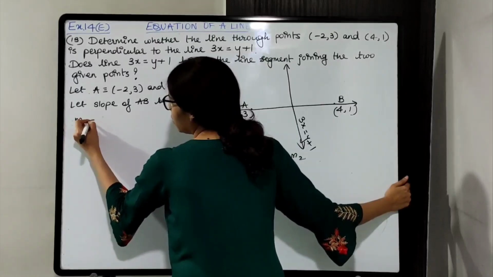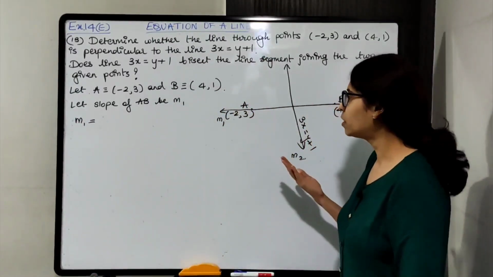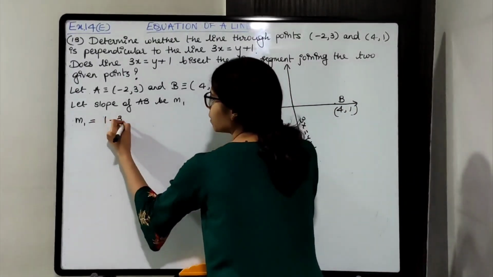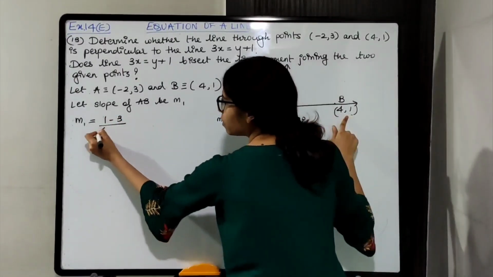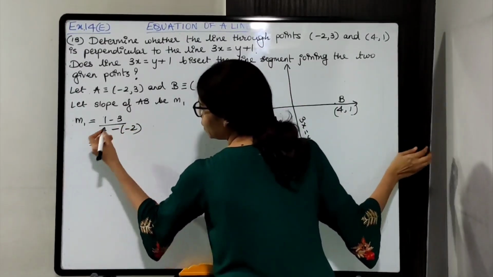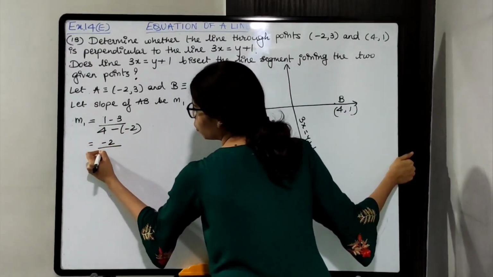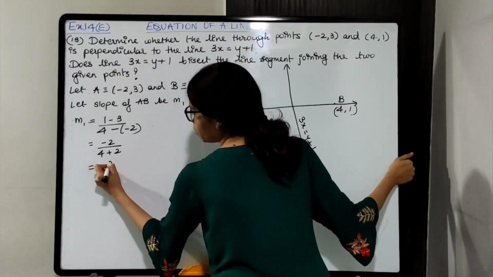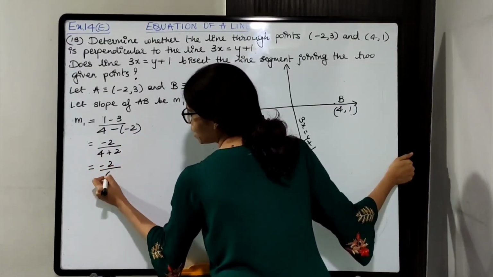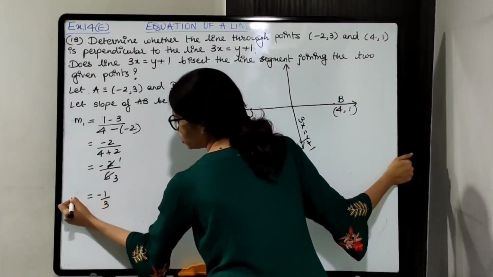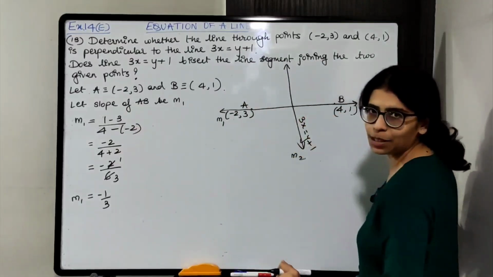So m1, first subtracting the y coordinates, so 1 minus 3 upon 4 minus minus 2. So that will give -2/4 plus 2, minus minus plus ho jayega. -2/4 plus 2 is 6. 2 1s are 2, 3s are... -1/3 is the slope of line AB.